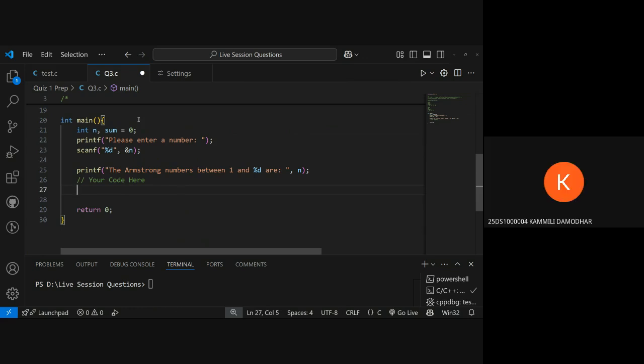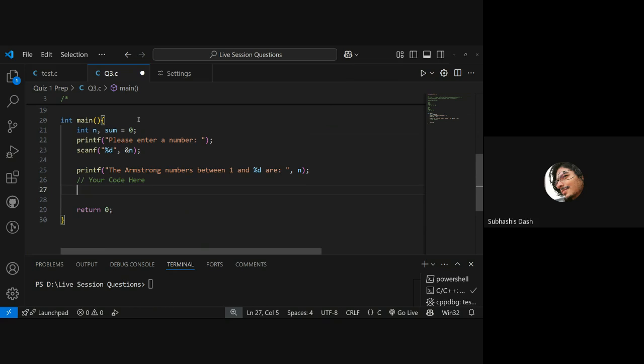With modulus. The last digit can be picked out by n modulus 10. That is correct. So we can do n modulus 10 in order to get the last digit.